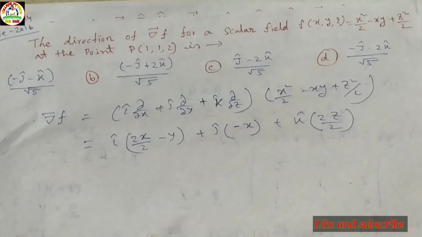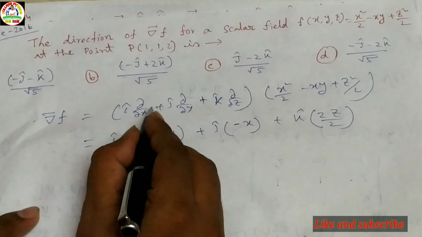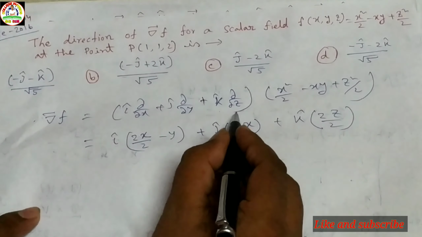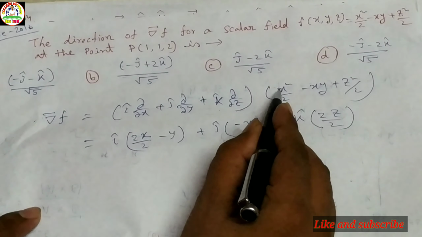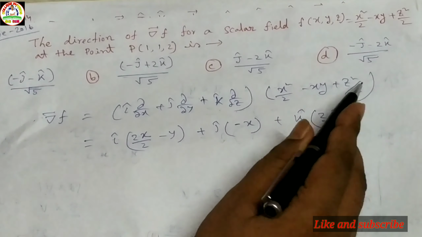So gradient of f is equal to i cap del by del x plus j cap del by del y plus k cap del by del z into f, where f is equal to x square by 2 minus xy plus z square by 2.